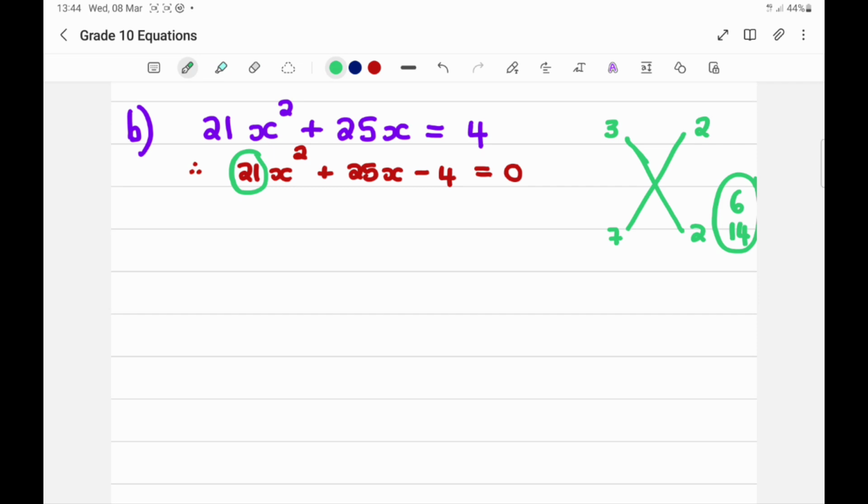So let me do it over here. We cross that out. Let's try a 4 and a 1. 3 times 1 is 3. 7 times 4 is 28. 28 minus 3 will give you that positive 25.